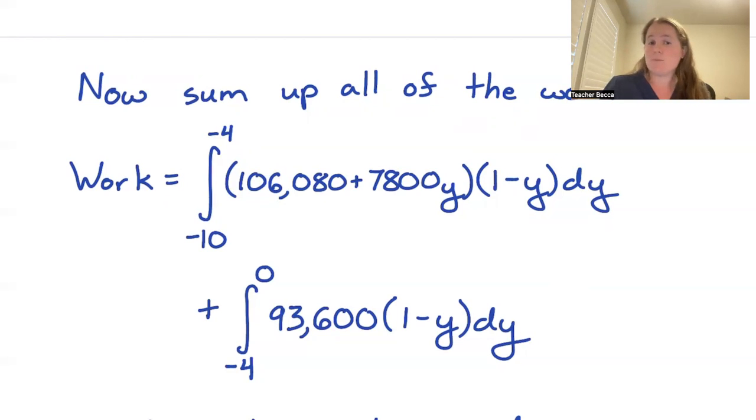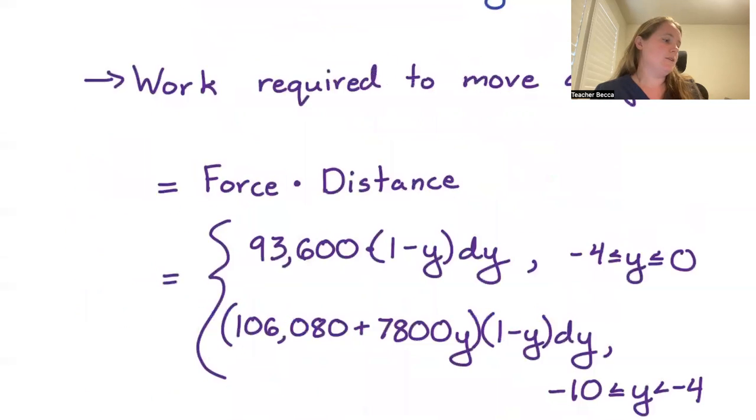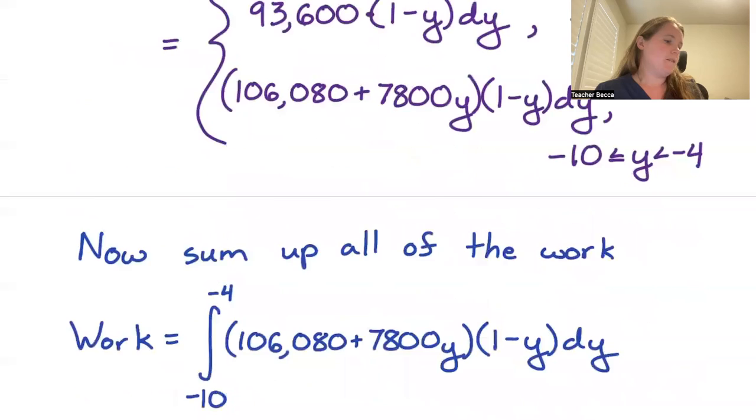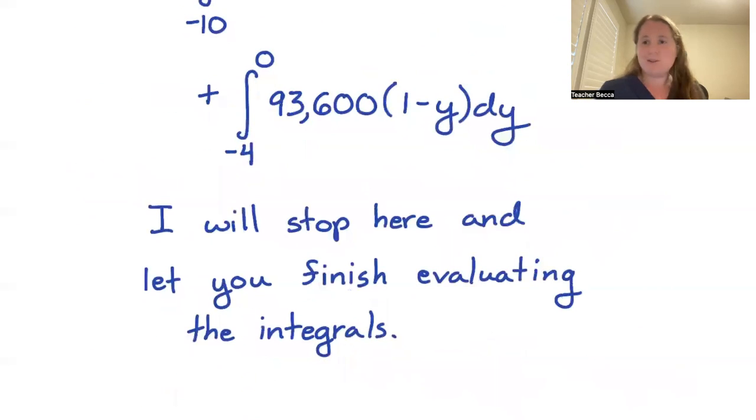You'll notice both in this problem and the previous problem, similar triangles came in handy. The other thing you could have done would be essentially to write an equation for the line that is on the slant is also a possibility. I tend to like to work with similar triangles. But this is how we can go about calculating work when we're pumping water out of a pool that has sort of varying lengths depending on the depth.